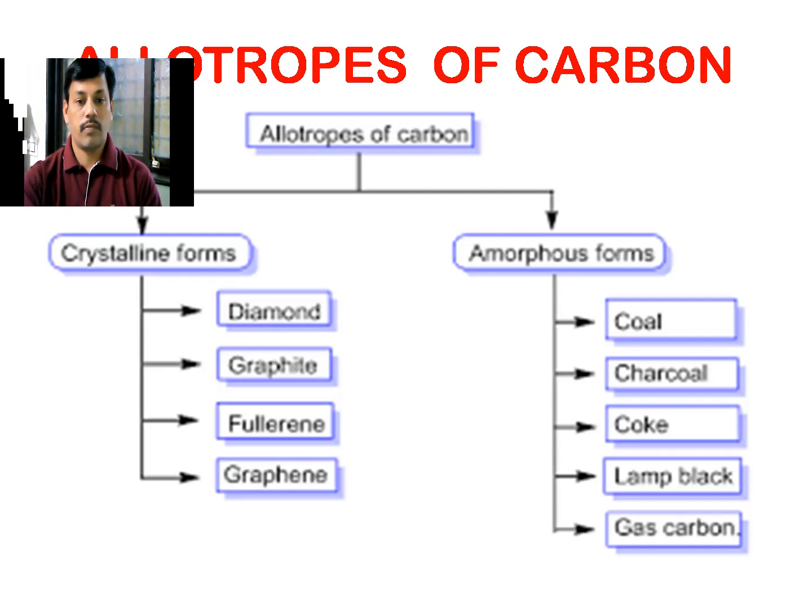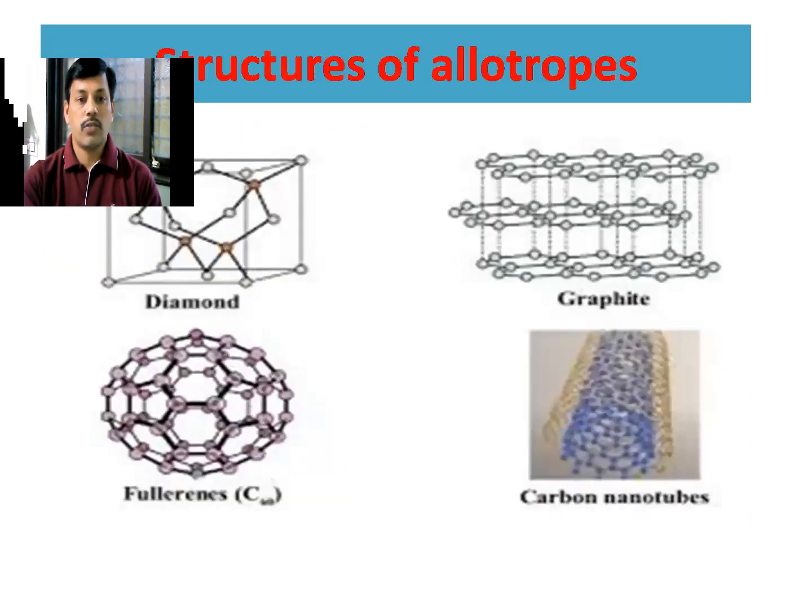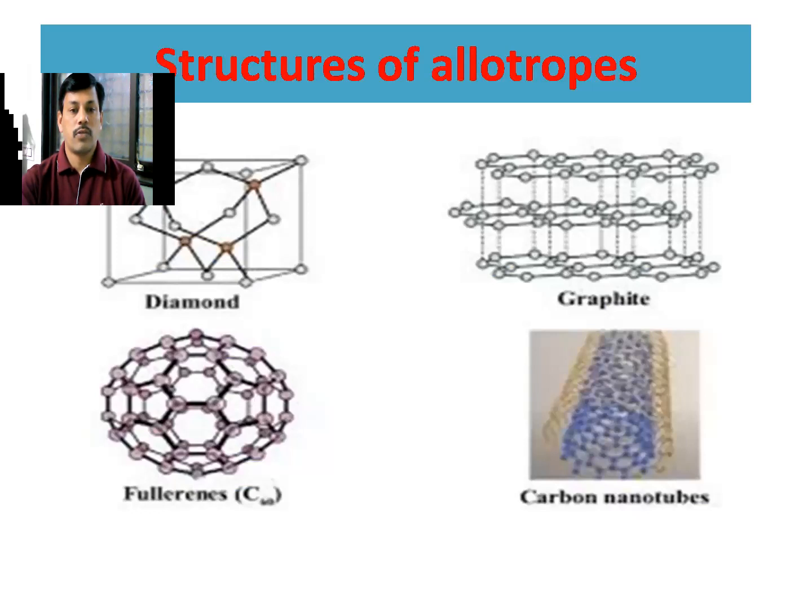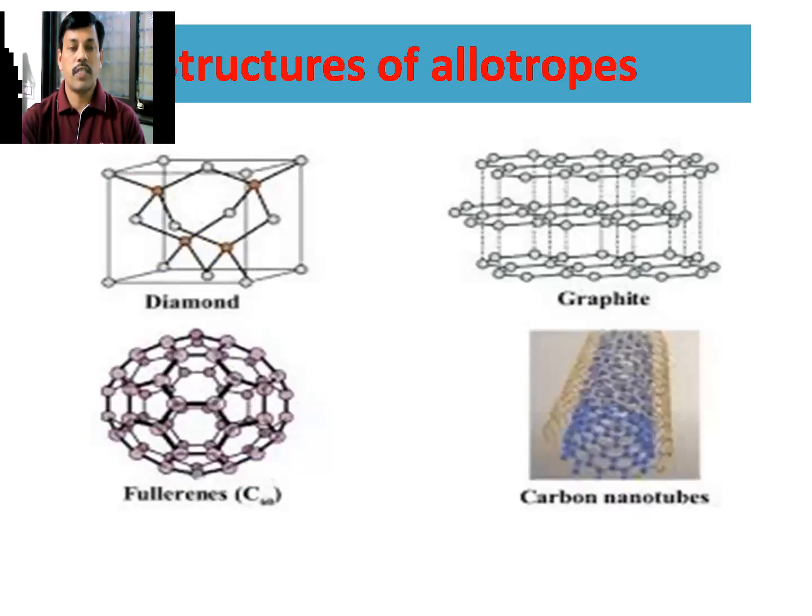Now we go to another slide. See here, pictures of all these allotropes are given. Now see diamond. In diamond, all the carbon atoms are arranged in a proper arrangement with single bonds, and the hybridization in each carbon is sp3.